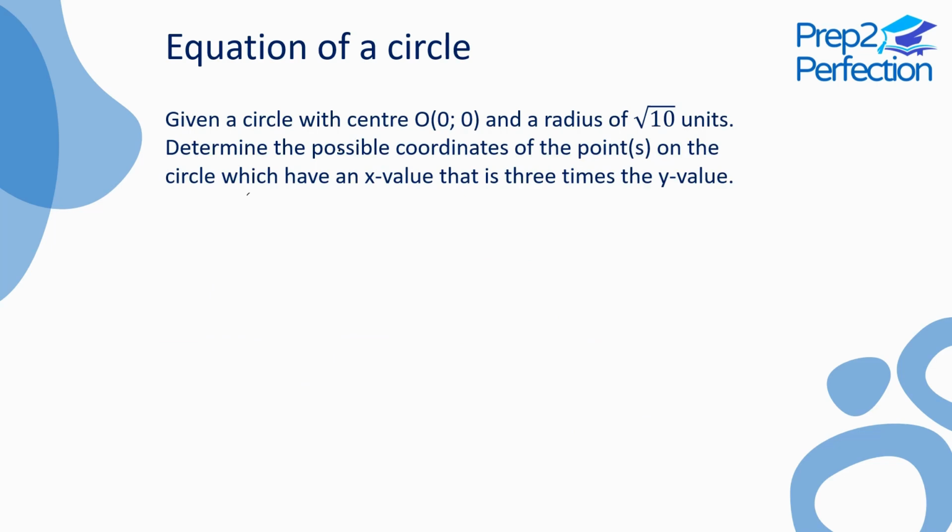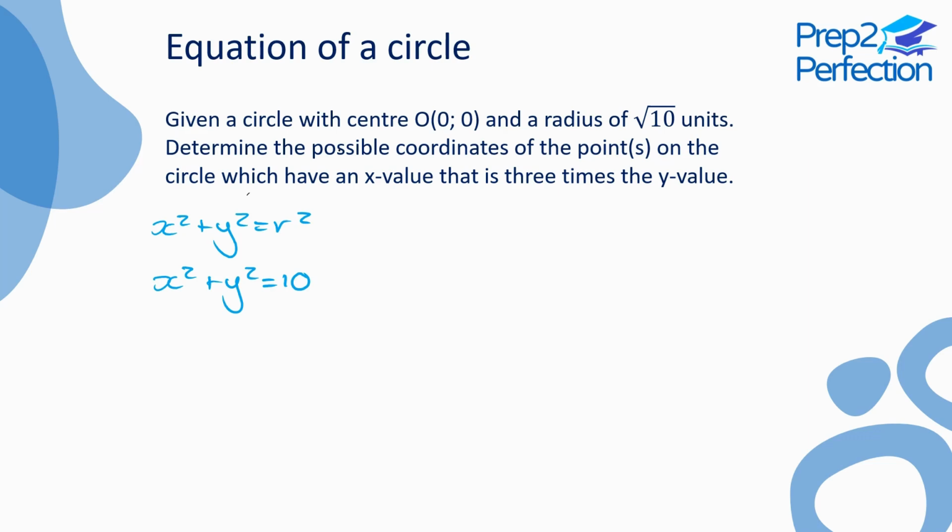We are given a circle with the center at origin and a radius of the square root of 10 units. Determine the possible coordinates of the points on the circle which have x value 3 times the y value. So we can start by writing out our equation for a circle. From here, we can see that we do not have the x values yet, but we do have the radius, so we can plug that in. Equals 10.